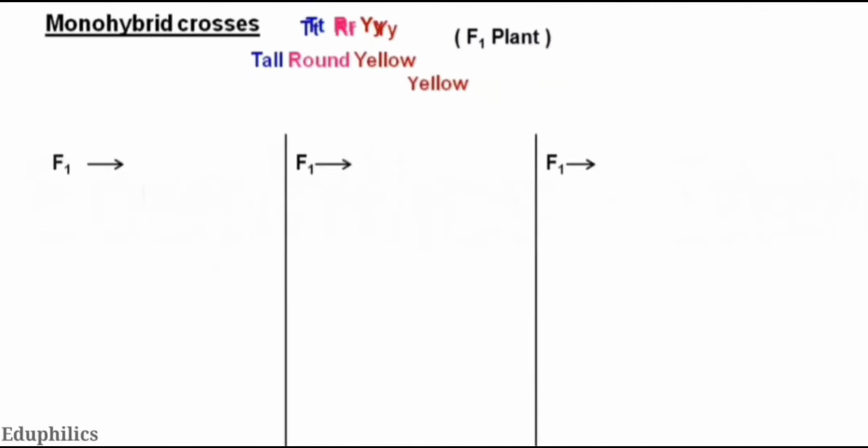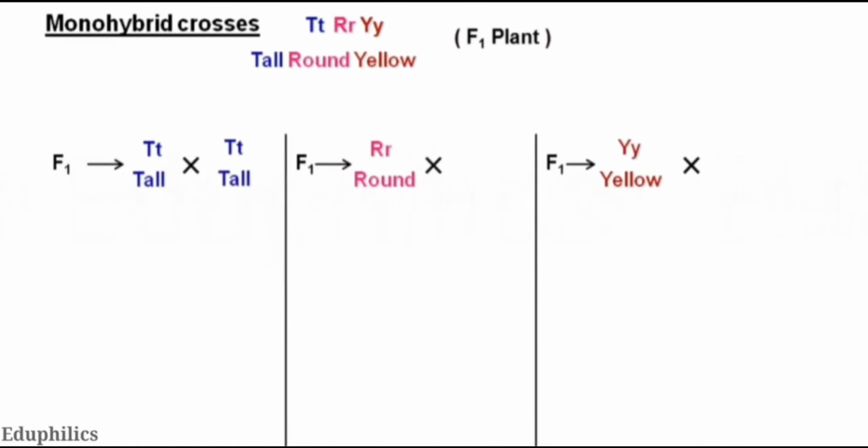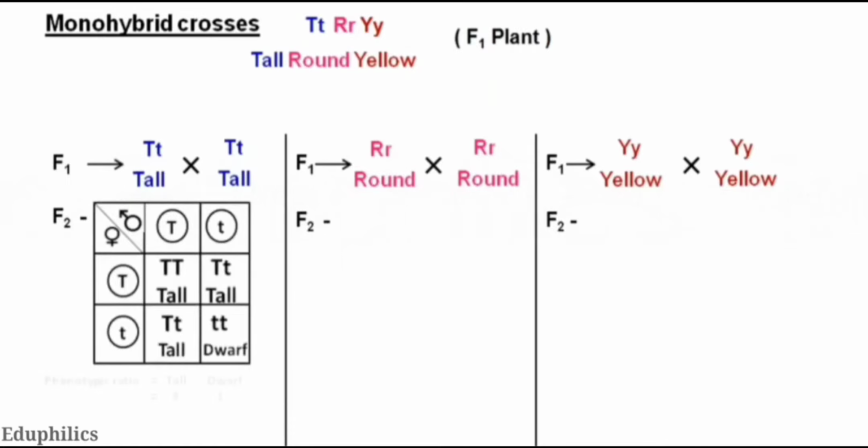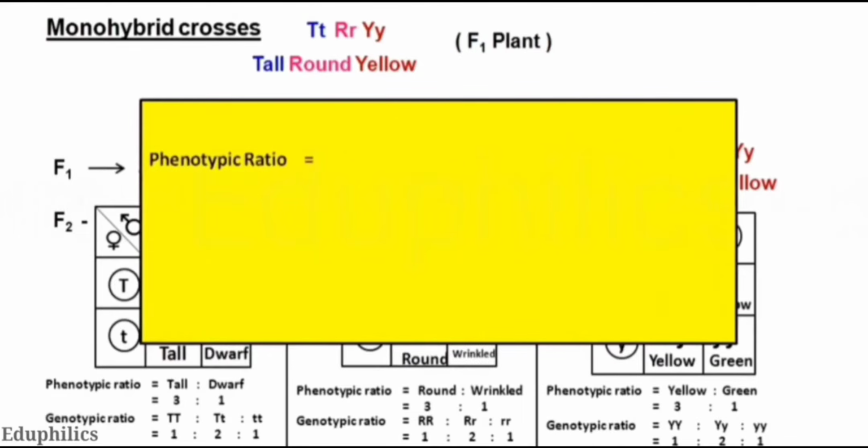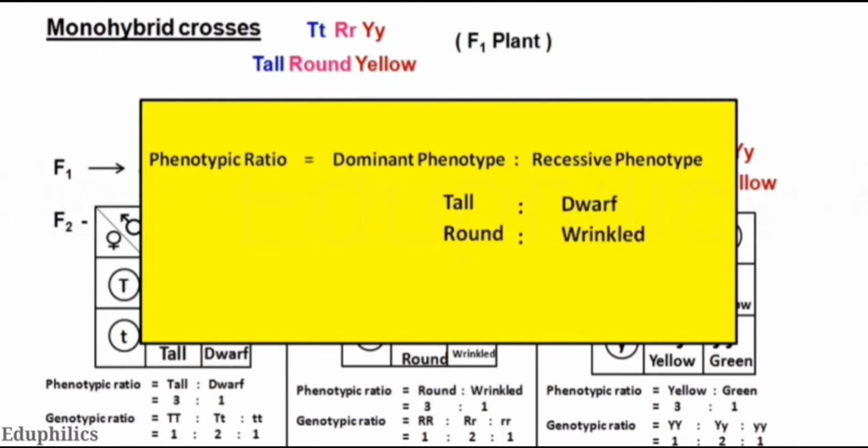First, let's separate this trihybrid cross into monohybrid crosses. We use this monohybrid phenotypic ratio while writing forked line method.